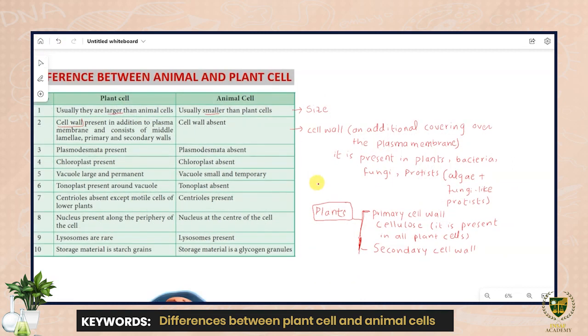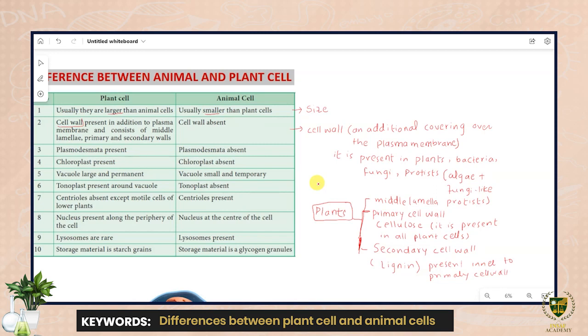So the secondary cell wall, its major ingredient is lignin, and it is present inner to the primary cell wall. Clear? Or the third type is the middle lamella. Clear? So it is present between the two neighboring cells. Clear? Two neighboring plant cells.